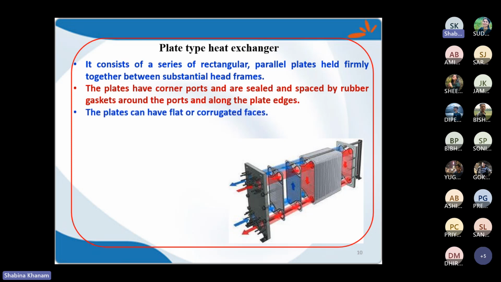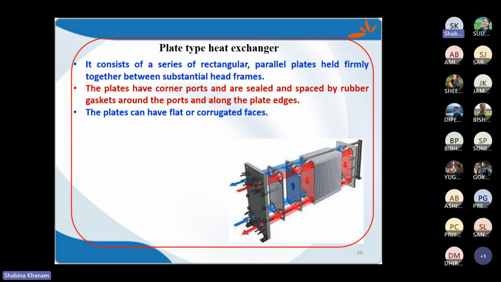The plates have flat or corrugated faces. If you see these plates, these have some grooves and some wavy type of structure that I'll show you in the next slide. The purpose of these corrugations or grooves is that when fluid is entering, it gets turbulence while flowing through this plate, and because of that turbulence, you can observe more heat transfer.